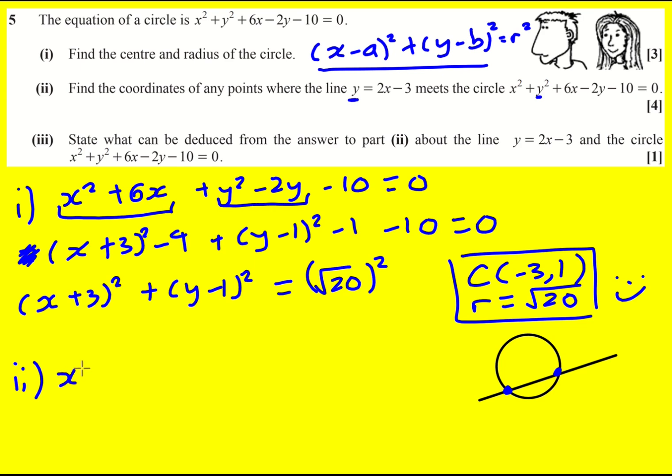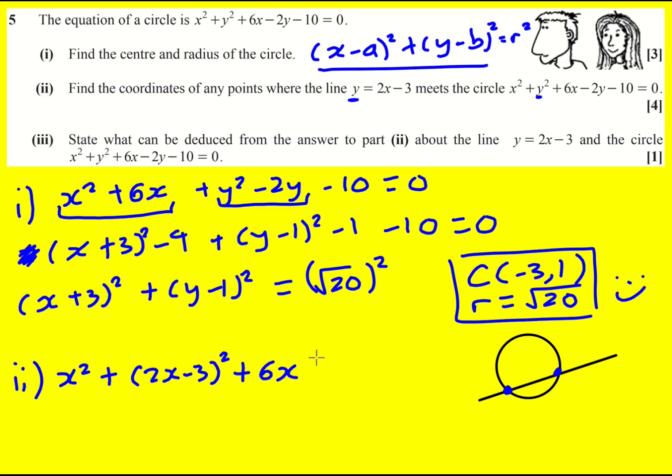So it's going to be x squared plus, and then I'm going to replace y by 2x minus 3. I could substitute it into the earlier one, but I don't think there's any real benefit in doing that, because you're going to end up expanding that.